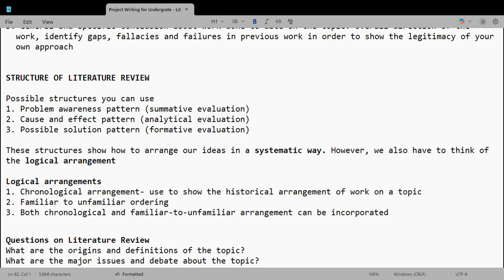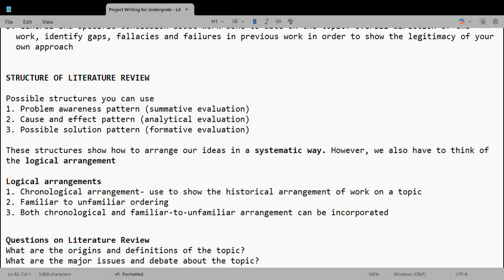Then the second one, the analytical evaluation. These are the causes and the effects that we're able to identify from the problem, from the research gap, or from the method used. And these are the solutions some researchers, some scholars have provided to those problems. That one is known as a formative evaluation.